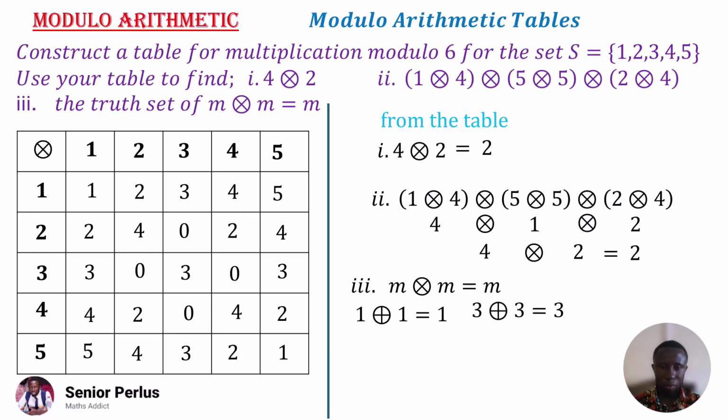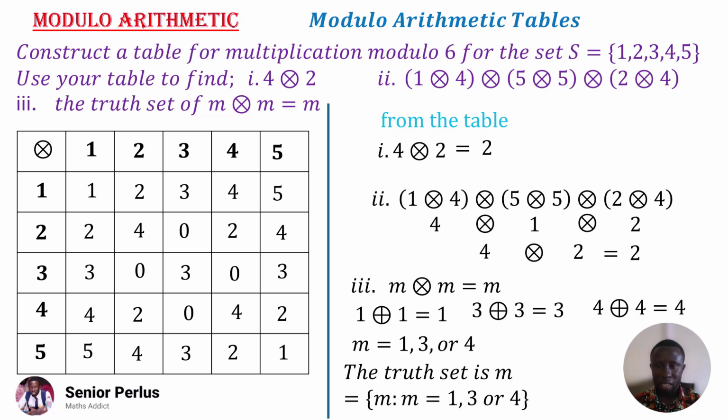Okay, let's check 4. 4 times 4 is 4. Good. Let me check 5. 5 times 5 is 1. No. So the numbers are 1, 3, 4. So that's the M. M is 1, 3, or 4.